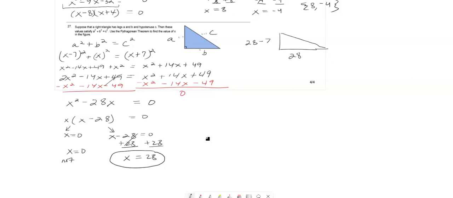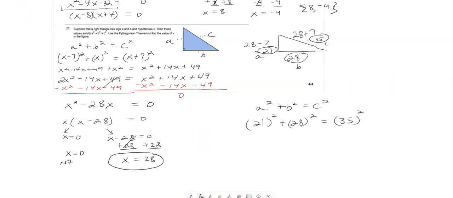And we put 28 plus 7 for C. So that will give us 21 for A. And we have, of course, 28 for B. And 35 for C. So A squared plus B squared equals C squared.